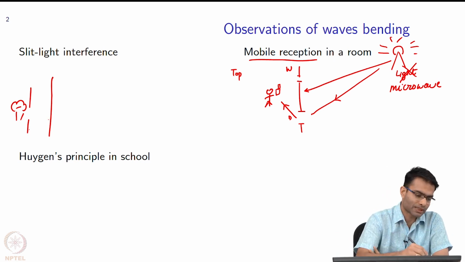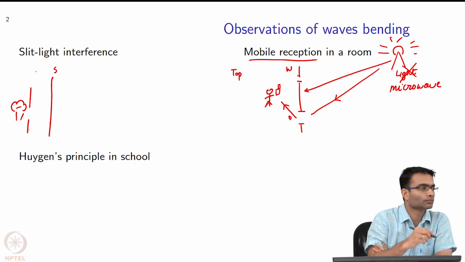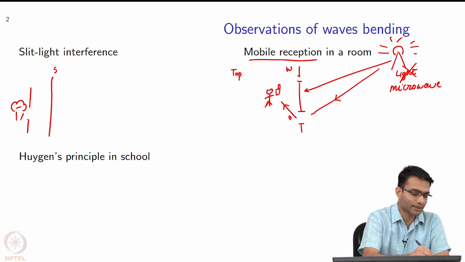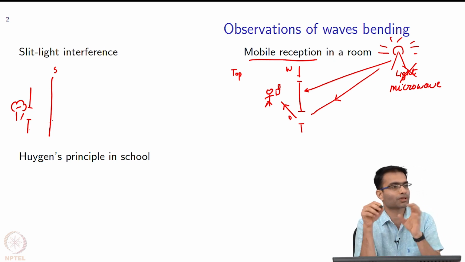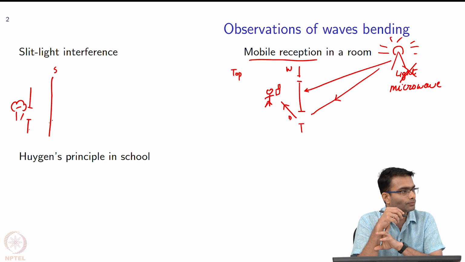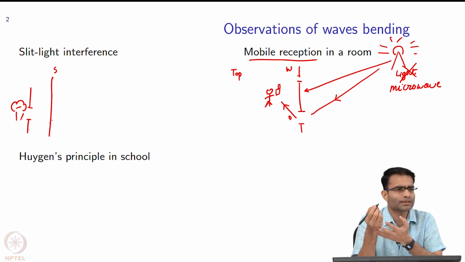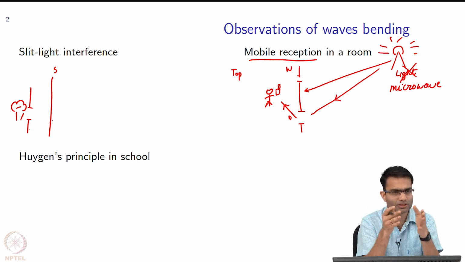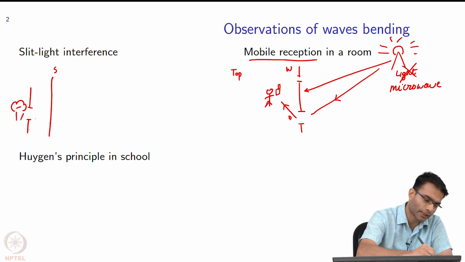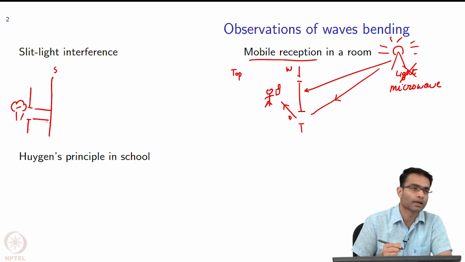So, what is the size of the spot that you will see on the screen? If this hole is 10 centimeters wide, what kind of a spot size will you see on the wall? Almost 10 centimeters, right. There is no bending happening because it is 10 centimeters, the light will just go in a straight line. So, that is what you see.